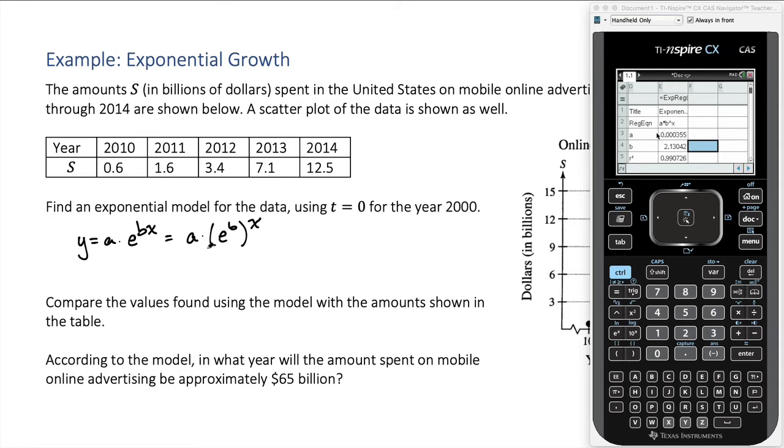And so our model is y equals 0.000355 times 2.13 to the x. This looks a little bit different than the e to the bx, but that's okay. It's still an exponential model.